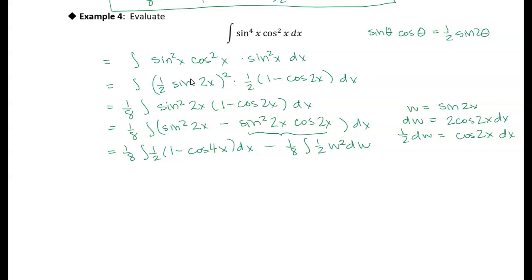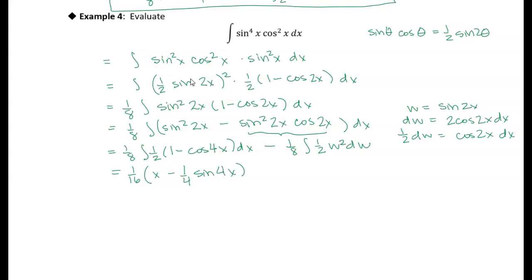Again, it's just take it one step at a time and work through it really methodically. Now I can pull this 1/2 outside, so this becomes 1/16. The integral of 1 is just x, and the integral of cosine of 4x is 1/4 sine of 4x. So I've integrated this first thing.